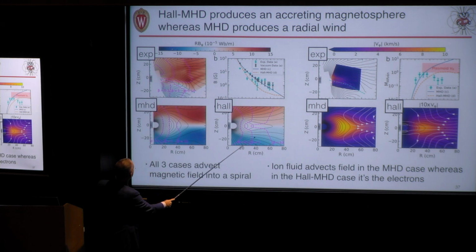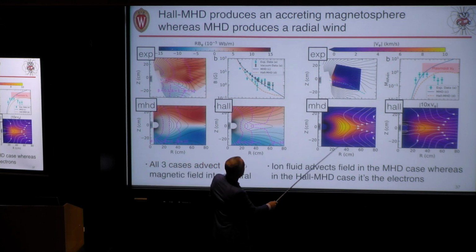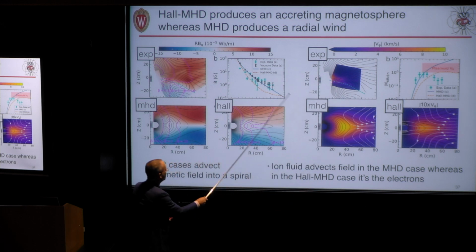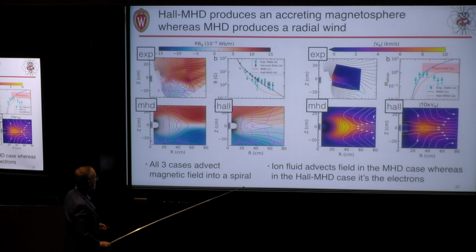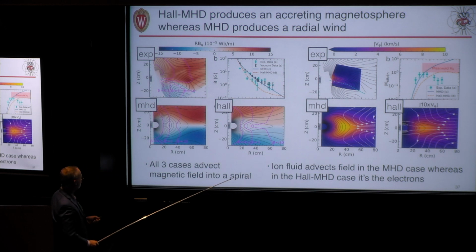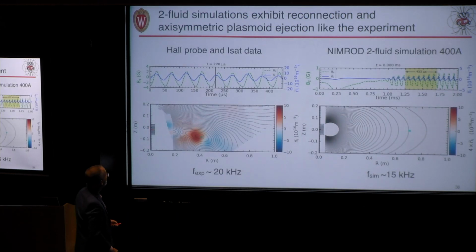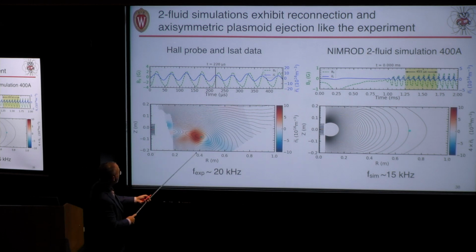The geometry in Hall MHD is closer to the experiment. Similarly, in the flows, we find that the flows between Hall and experiment are probably closer matches. All three cases advect the magnetic field out, but there's a big difference between the Hall and the straight up MHD as far as the ions are concerned. Okay, so now I'm going to show you, so this is the experiment that I showed you.